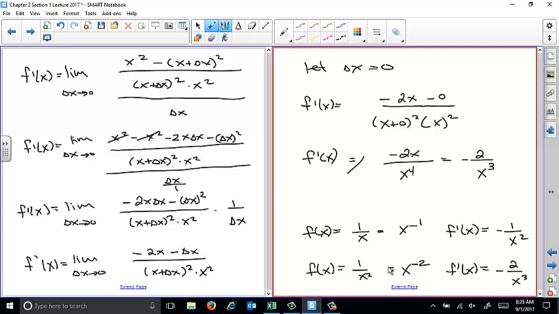You can see that the rule applies here. If I use the rule, I'd get negative 1 times x to the minus 2, which is the same as negative 1 over x squared. And here, if I take the exponent negative 2, use that as the multiplier, and reduce the exponent by 1, making it 1 more negative, it'll be negative 2x to the minus 3 power, which is the same as negative 2 over x cubed. So it seems like we're coming up with a rule.